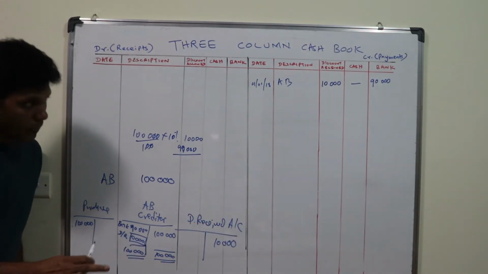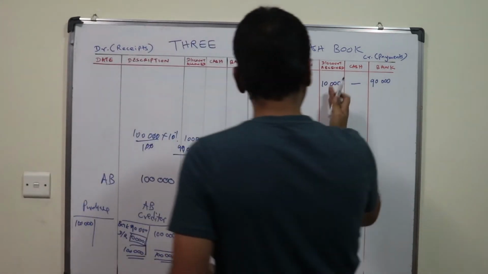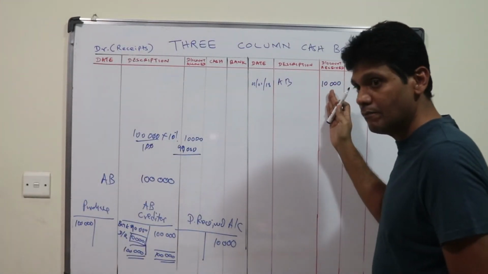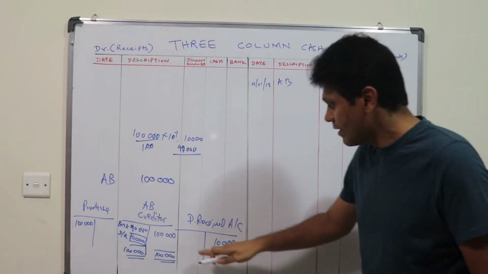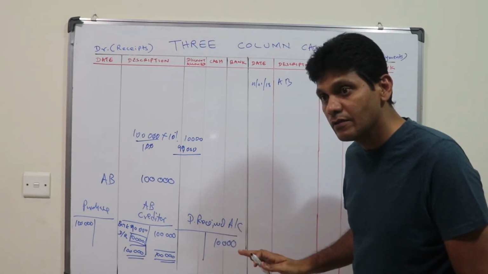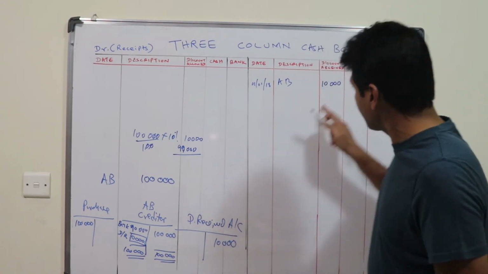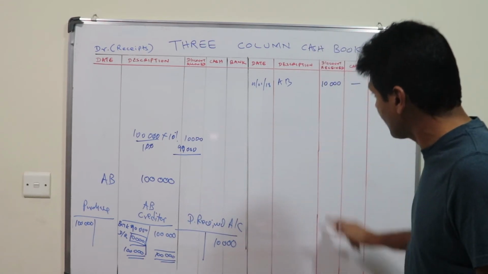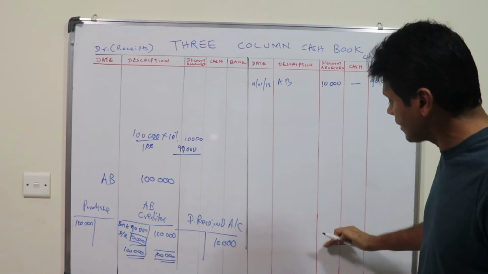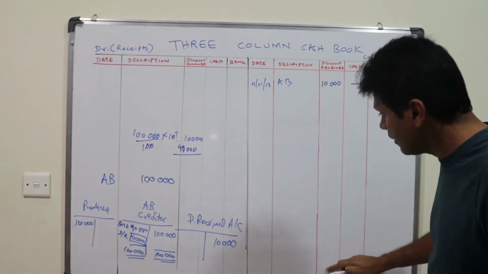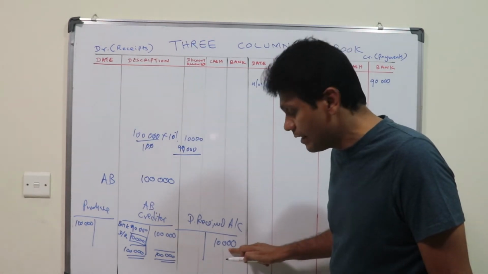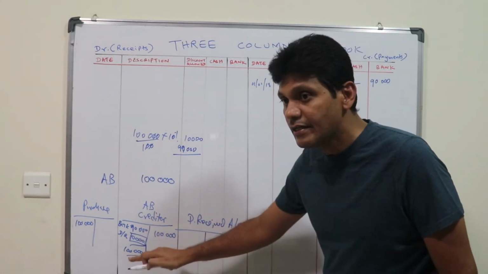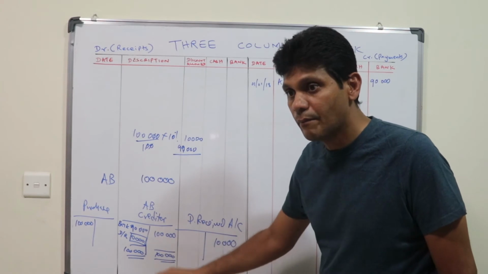So how do you complete? What is the purpose of having a discount received column? Discount received column means you have to have an account, a discount received account. After recording all the transactions, you can take the total and credit it here, and you can debit various creditors, various suppliers.